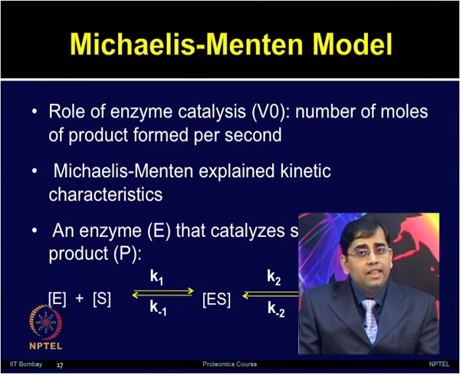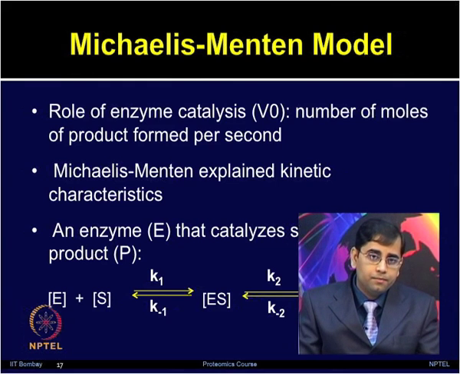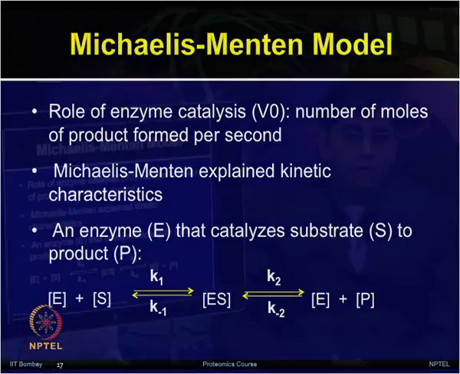The rate of enzyme catalysis, or V0, which is the number of moles of product formed per second, varies with substrate concentration S. It increases linearly as the substrate concentration increases, and levels off at a maximal velocity at higher substrate concentration.